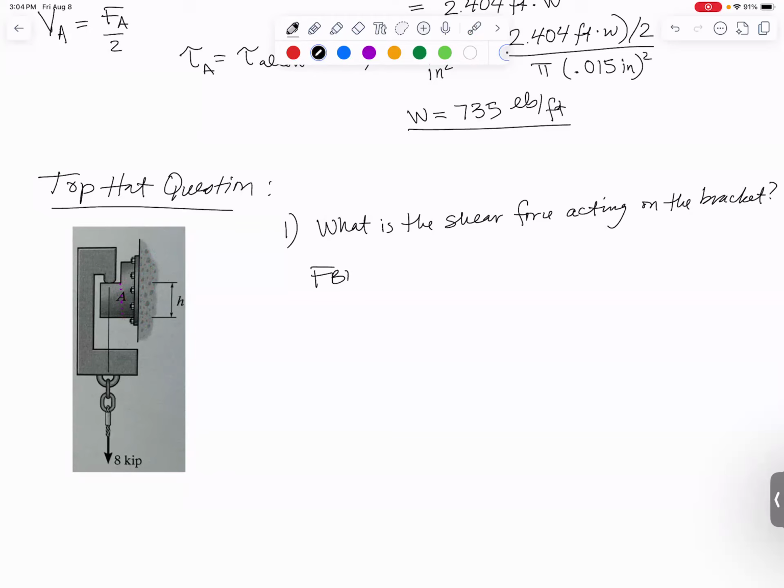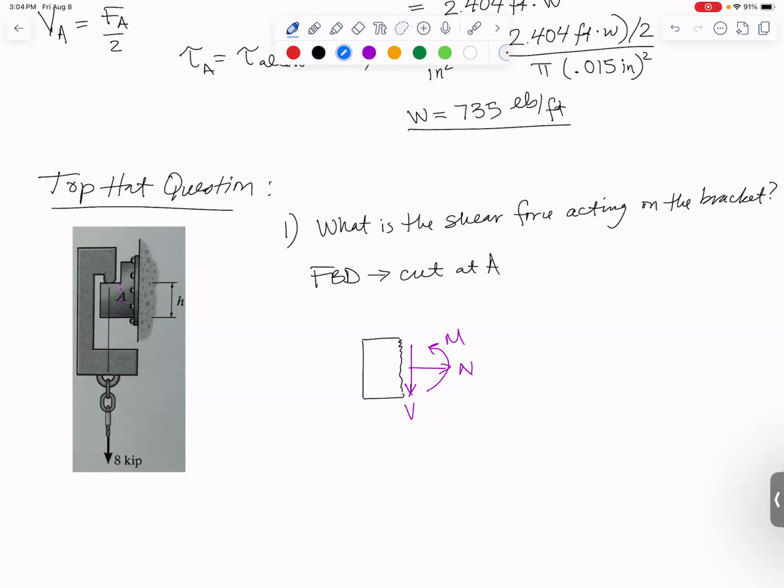So free body diagram, cut at A. Got this little block sitting here. There's my cut open surface. The block represents this piece right here. Since I cut it open on that cut face, I want to draw a normal force, a shear force, and then a bending moment that way. There's got to be something else acting on it. Can you see that this part right here is going to be pulling down on it with 8 kips?